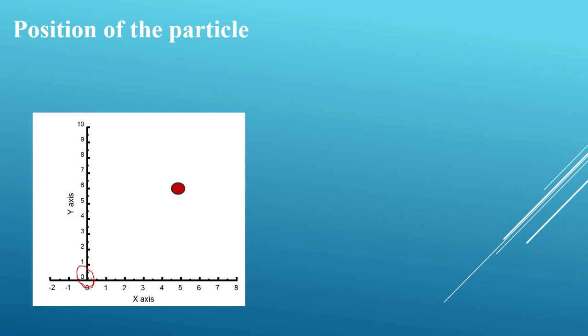Now let's write down the position of the particle I have. I'm going to write the position as x and y. Let's see what the position of this particle is. With respect to the x-axis, it's the distance from the origin to the center of the particle, which is 5, so I'm going to write it down as 5.